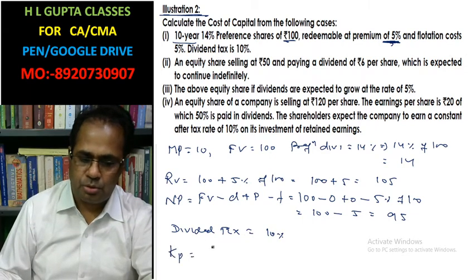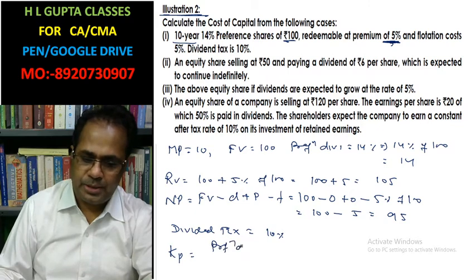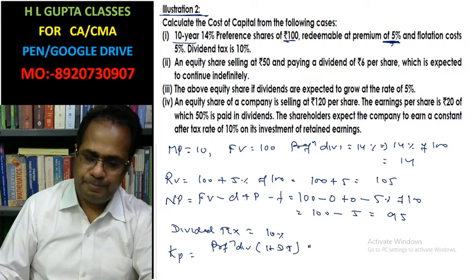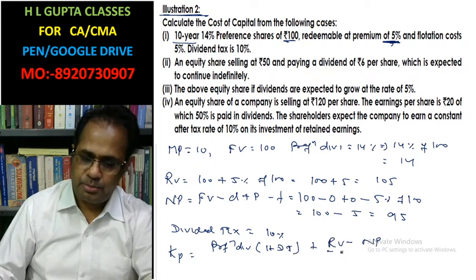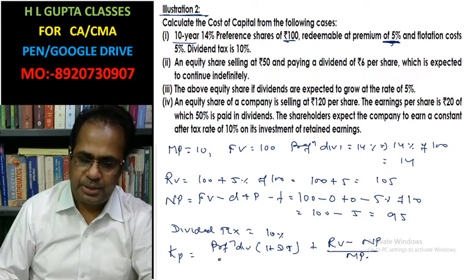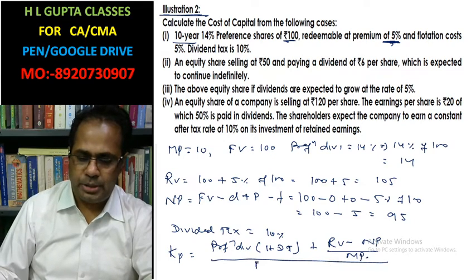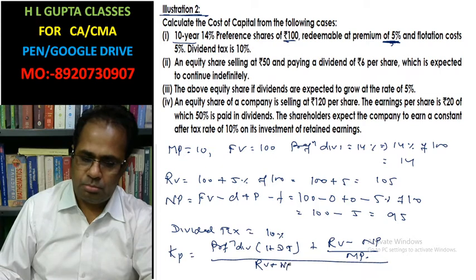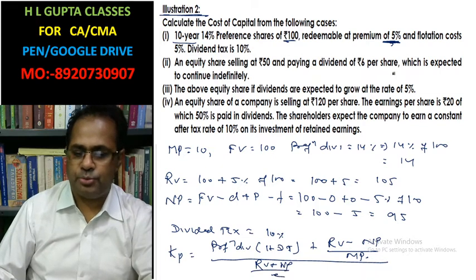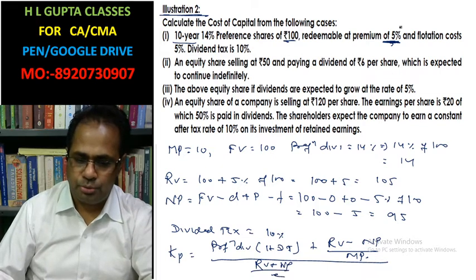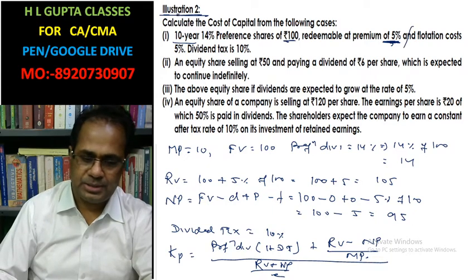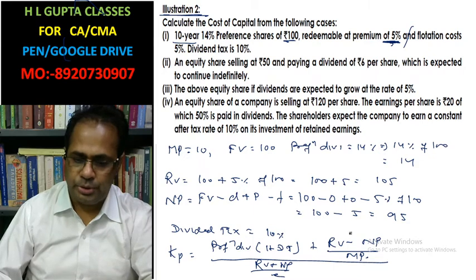Cost of preference equals preference dividend into (1 plus dividend tax) plus (redeemable value minus net proceeds) divided by maturity period, the whole divided by (redeemable value plus net proceeds) divided by 2, into 100.